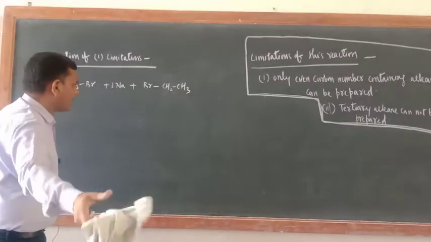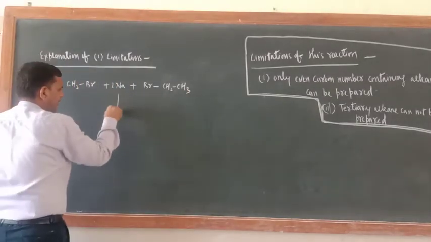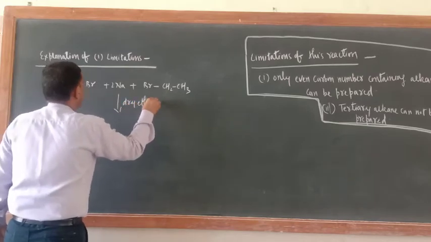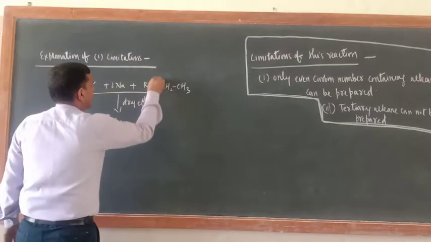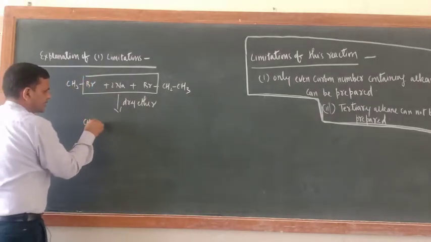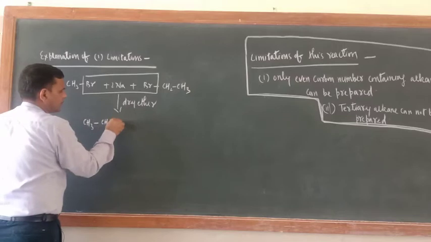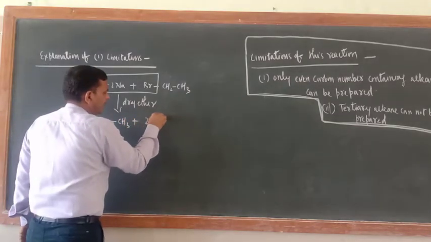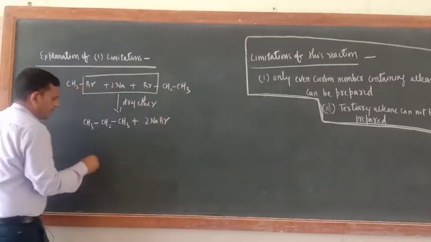Okay, no problem. Now try to understand here. Dry ether. 2NaBr. So here we have CH3 CH2 CH3 plus 2NaBr. What is this one?